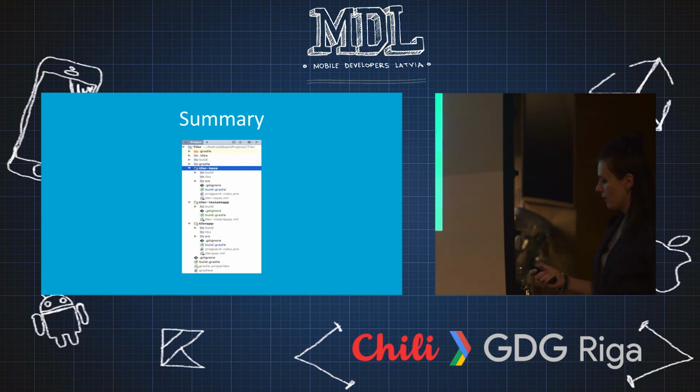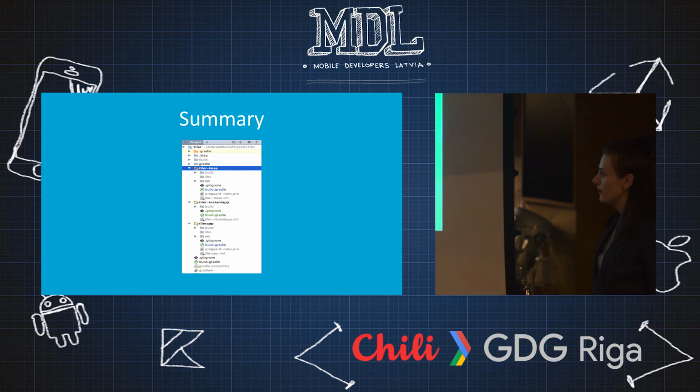Also, this is how my project structure looked. In case the Gradle files were a bit confusing, it's really hard to put it into a presentation in a comprehensible way. But I have a base module that used to be the original Android application module, but now it's a base module.